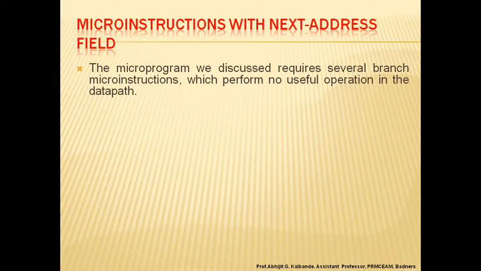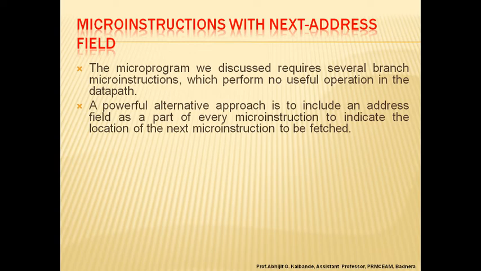Here the microprogram to be discussed requires several different branches of microinstructions, right? These microinstructions perform no useful operation in the data path; they are needed only to determine the address of the next instruction, and thus they detract from the operating speed of the computer.